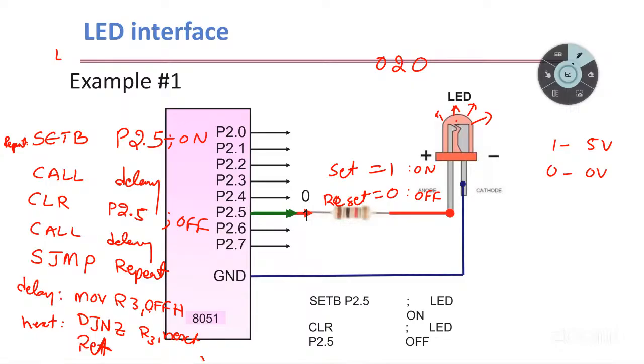A short jump is only within 128 bytes. A jump of more than 128 bytes, that is up to 256 bytes, in terms of microcontroller means up to 2 kilobytes. So now this same program will execute continuously. Our LED will show it.